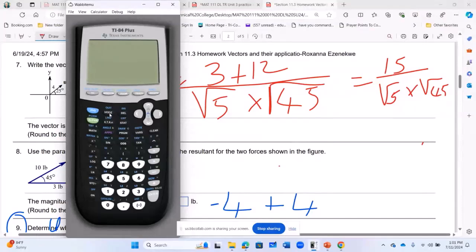Okay, so I am going to store this 15 in X. Makes my world easier.